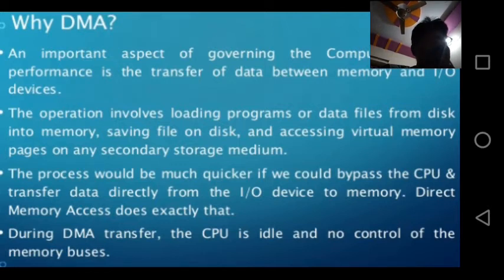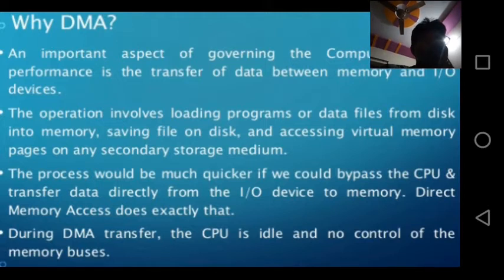So programs and data can be loaded from the hard disk into main memory, which also involves DMA, because you need to transfer a huge amount of data from hard disk to main memory.